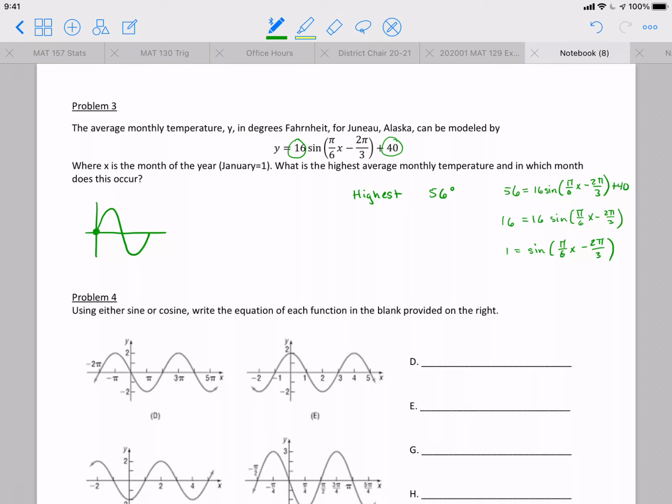If I factor out, so if I divide out a pi over 6, I'm going to get an x minus 4, right?